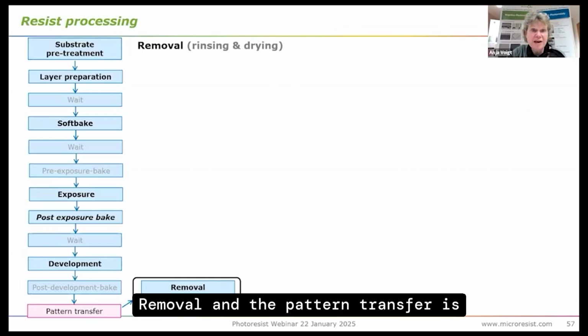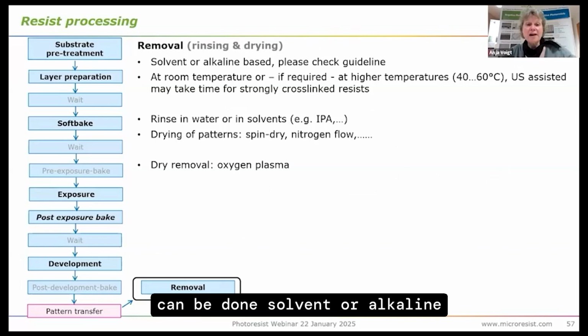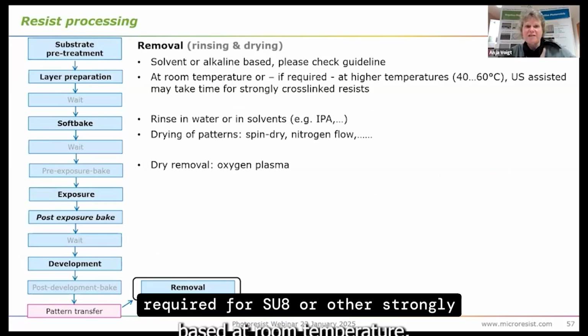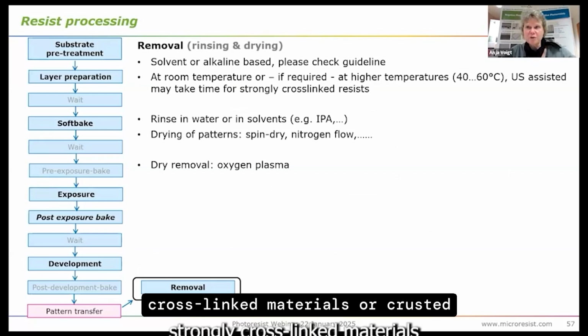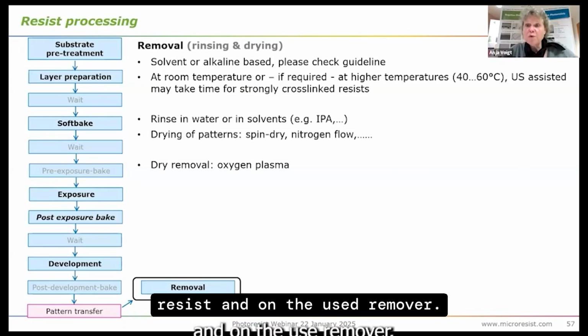Removal, after the pattern transfer is run. It can be done solvent or alkaline based at room temperature, or if required, for SU8 or other strongly cross-linked materials or crusted resist pattern, also at higher temperature, depending on the resist and on the used remover.